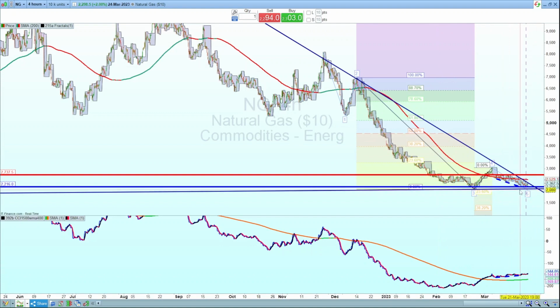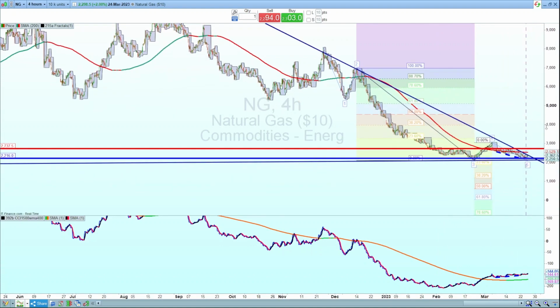So again, if it breaks down below these support areas, we're going to see this Elliott wave potentially come down as far as the 50 to 61%, which would be very close to around the 1,000 price level. So again, we're hoping this divergence plays out. We see a bounce to the upside and more breakout to the upside if you are planning on going long.